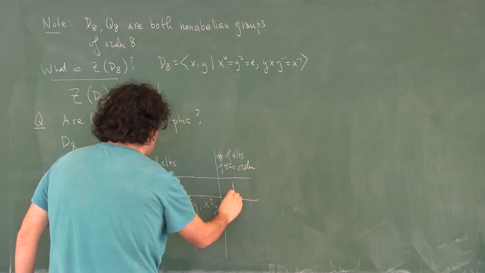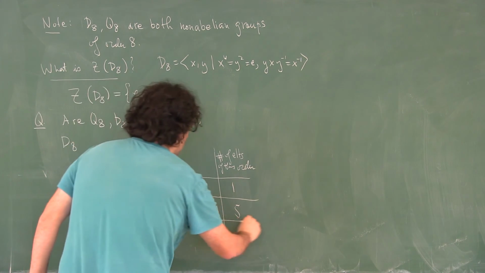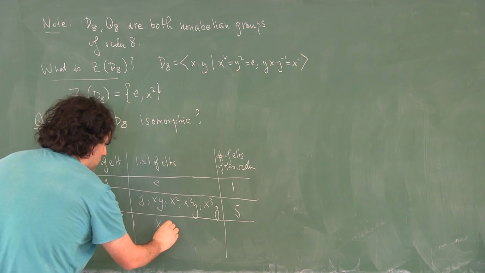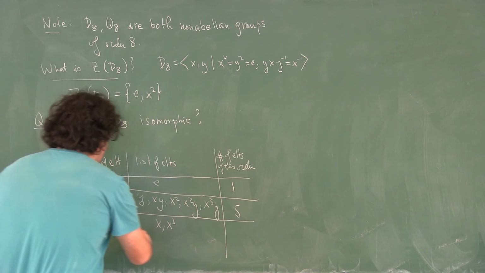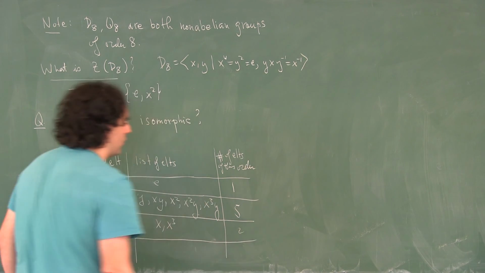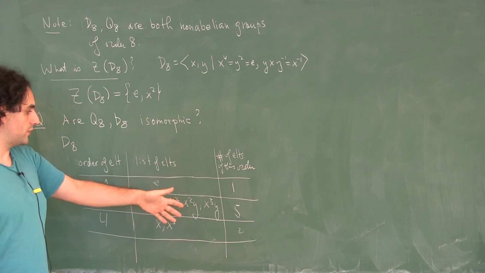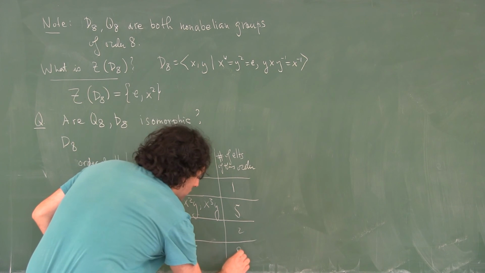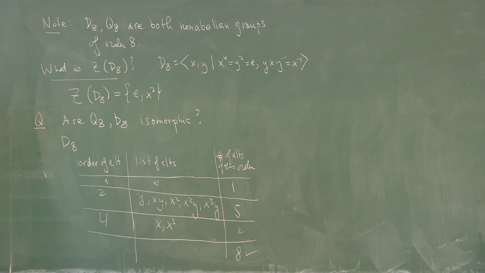So we have 1, 5. Finally, we can have elements of order 4. x and x cubed have order 4, so I have two elements of order 4. As a check, it's always good in these computations to check, because we tend to forget elements. We add these up, and we have 8. So that's a good sign that we didn't make a mistake.